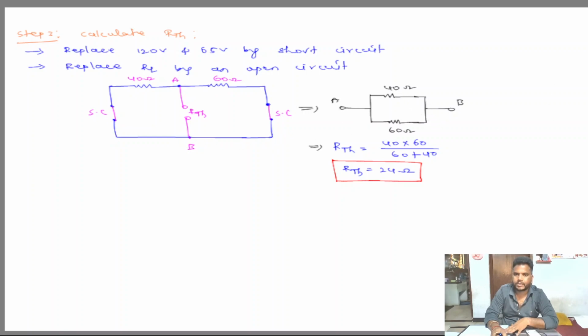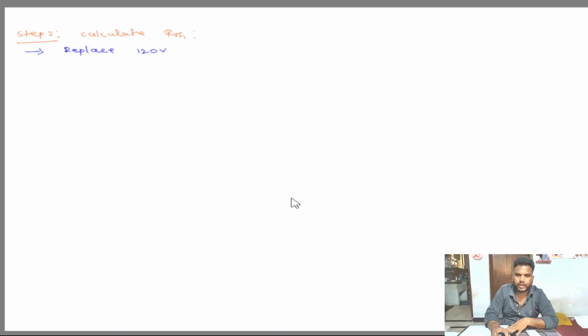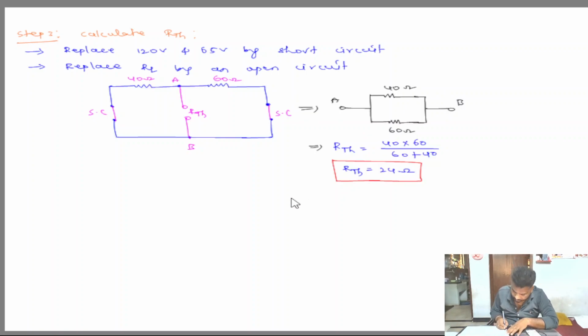Yeah. Next, step 4. Finally, we are calculating the load current IL. Okay, now how to calculate load current IL?